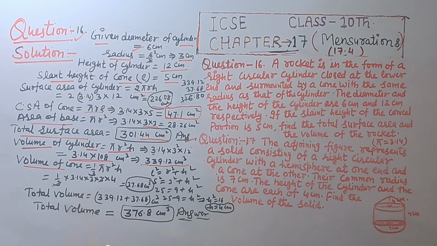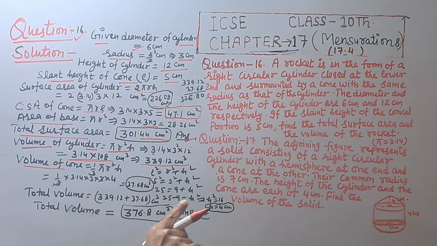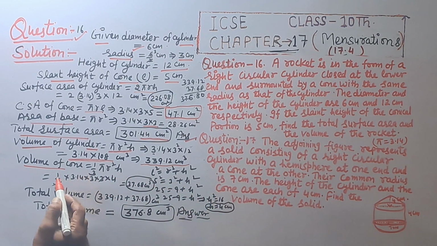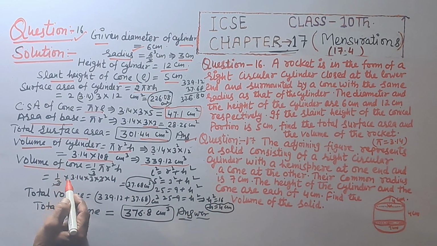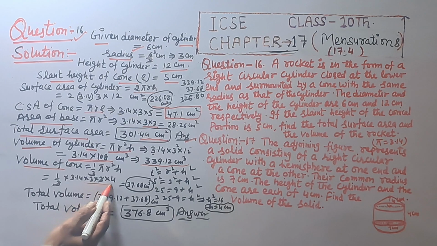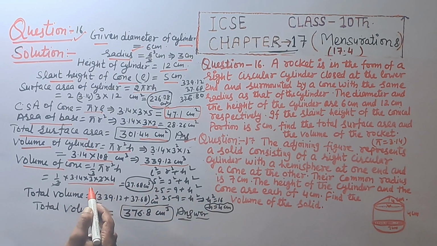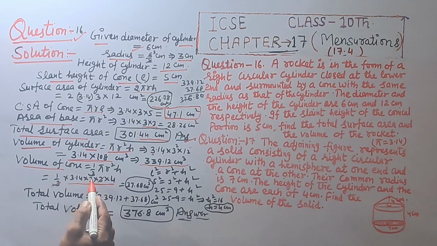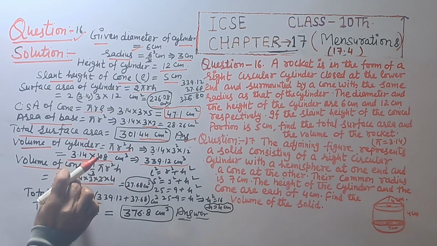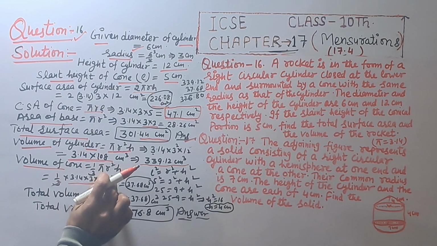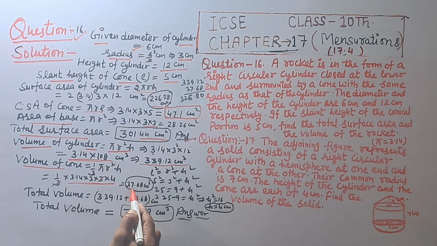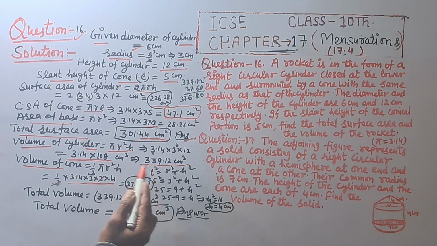We find height of cone, that is 4 centimeter, and volume of cone is 1/3 into pi r square h. H is 4 centimeter. 3 3s cancel, 4 3s are 12 and 3.14 into 12, that is equal to 37.68 centimeter cube.